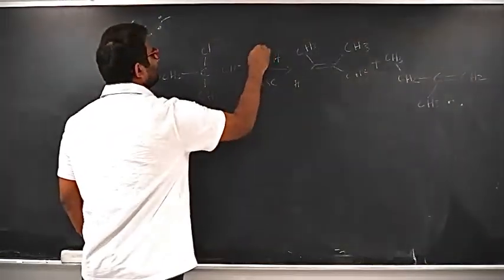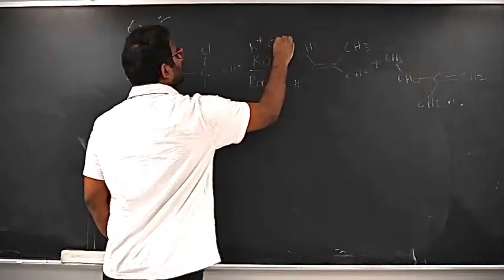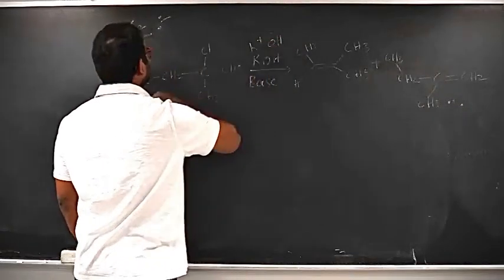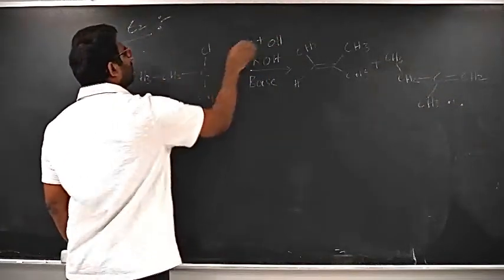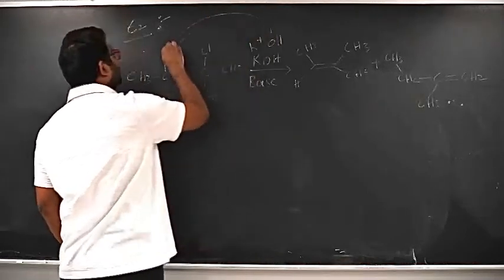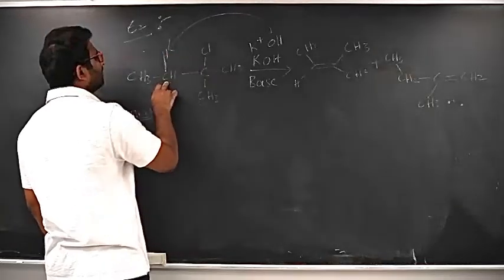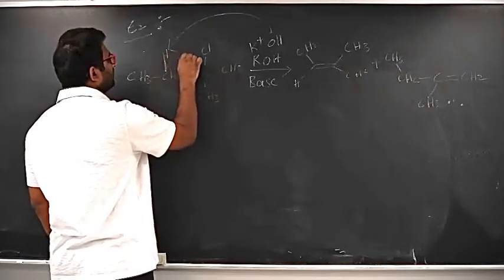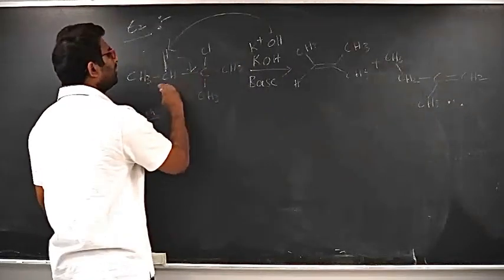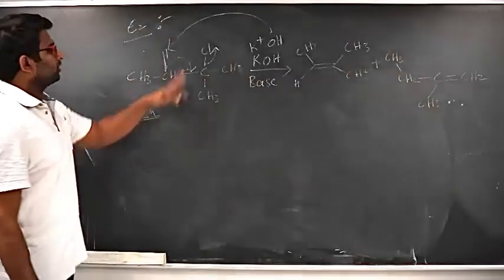So here, the KOH exists as K plus and OH minus. Now OH minus will take one of these hydrogens, and the bond between carbon and hydrogen will move between carbon and carbon to make a new bond, and that process pushes the chlorine away.